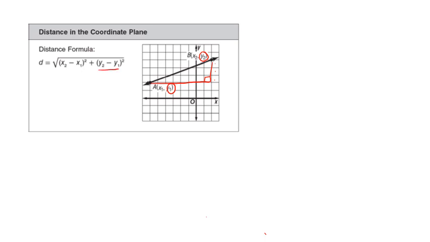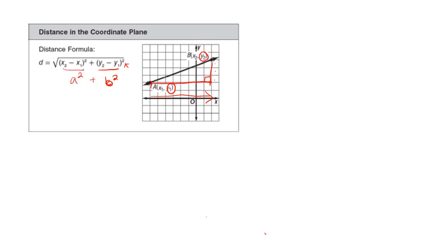And remember, Pythagorean theorem, you square the legs. So that's like b squared. If I want to know how far this distance is, it's going to be between x2 and x1. And again, that would be like a squared.